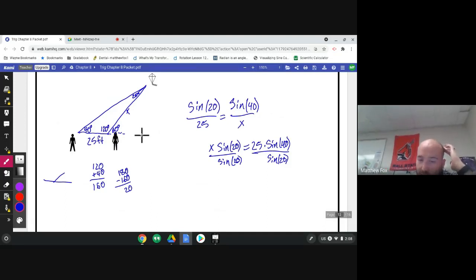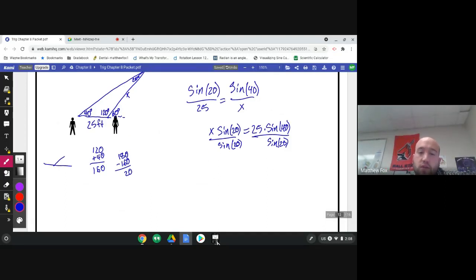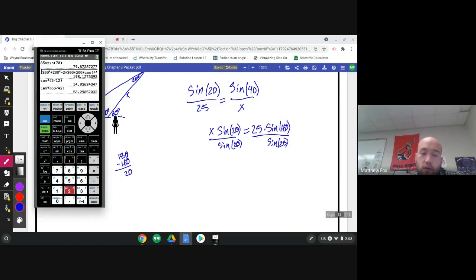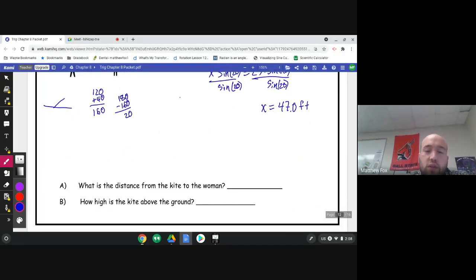And at this point, then, we look what is x. So 25, here, let me put that in parentheses. So 25 times the sine of 40, close it, divided by the sine of 20. And we will get 46.98. So if we round up, we'll get 47.0. So 47 feet. And that goes here. What's the distance from the woman to the kite?